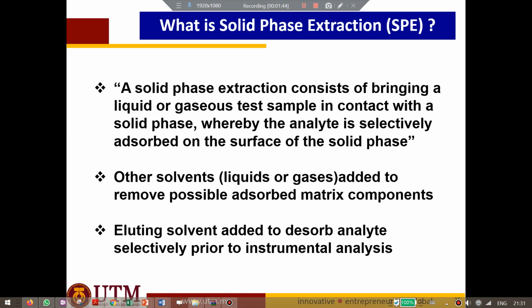We have solid particles that can adsorb your analyte of interest, whereby the analyte is selectively adsorbed on the surface of the solid phase. So the keywords here are selectively adsorbed on the surface of the solid phase.